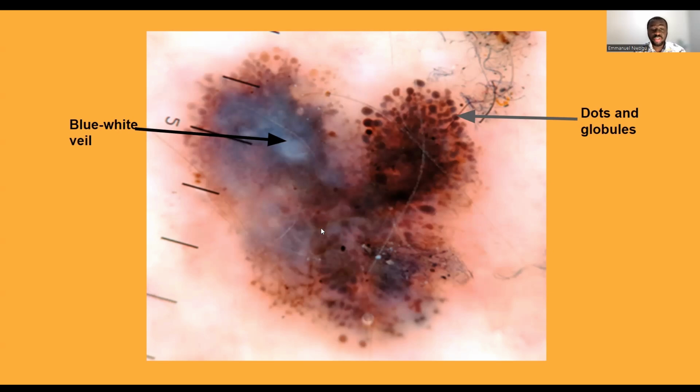There could be areas of regression, which are white areas, usually central, because as the cancer grows and spreads outwardly at the periphery, you can have cut-off of blood vessels and active tissue destruction from the cancer cells within the central area. So the areas of regression are usually more in the middle or center of the lesion, and generally an asymmetrical lesion is highly suspicious of a melanoma.